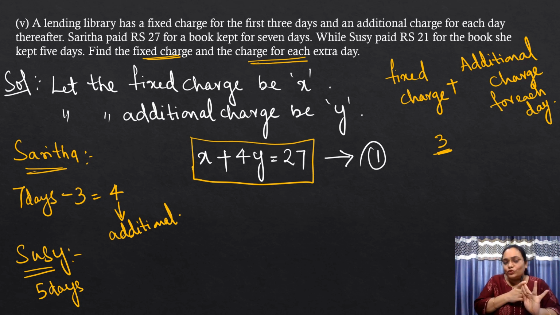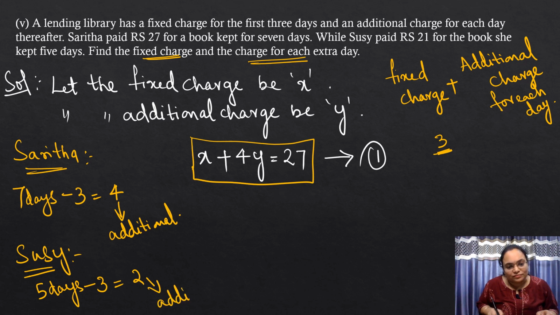The remaining 2 days will be the additional charge, since 5 minus 3 is equal to 2.